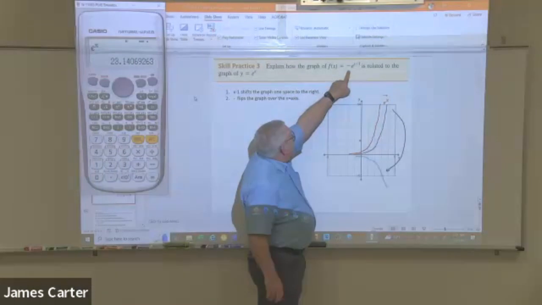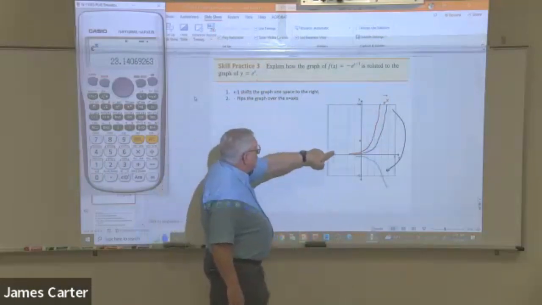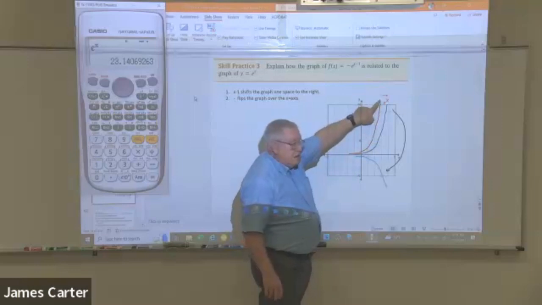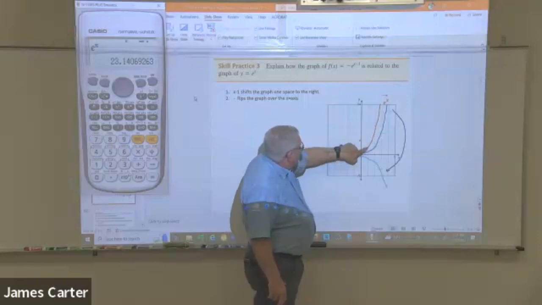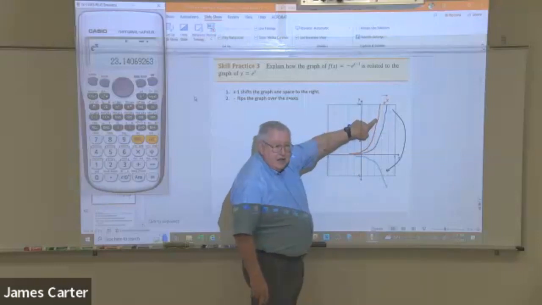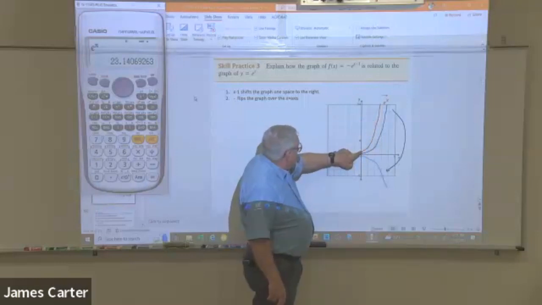Explain how this graph is related to that graph. Okay, here is our basic e to the x going through the point 0, 1. And then it's similar to a 3 to the x graph. 3 to the x would go through this same point.